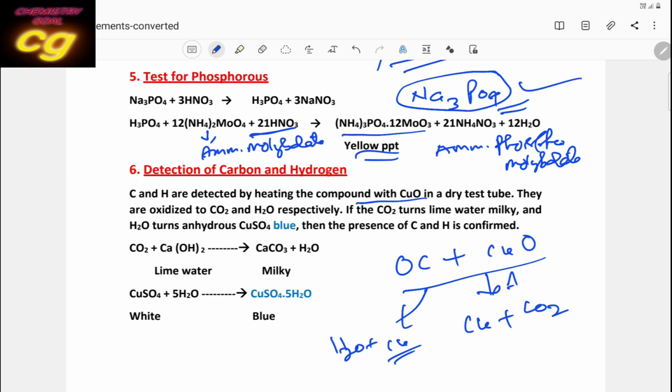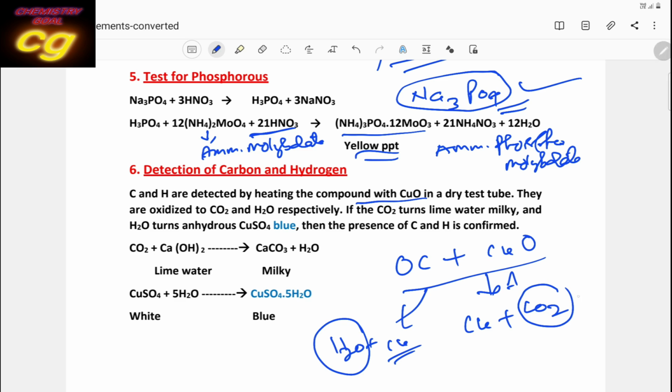So if the organic compound contains hydrogen, when the mixture containing organic compound and copper oxide is heated, you will get water as the byproduct. And if the organic compound contains carbon, it becomes carbon dioxide. We already know organic compounds contain carbon and hydrogen, so during the heating of organic compound in presence of copper oxide, you will certainly get water and carbon dioxide.